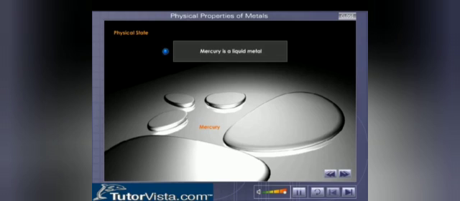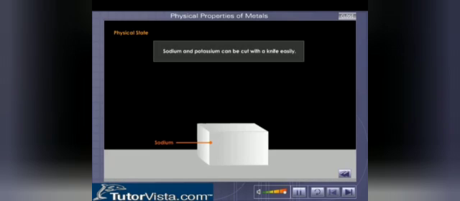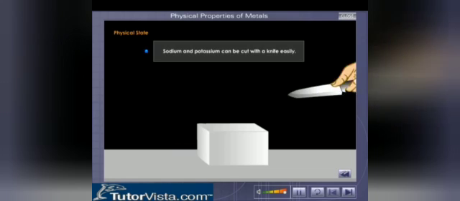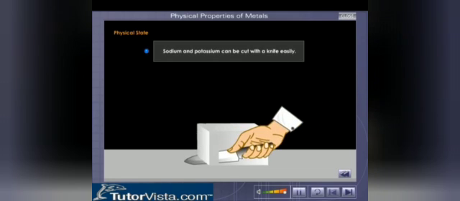Mercury is a liquid metal. Unlike other metals, sodium and potassium are quite soft and can be cut with a knife.